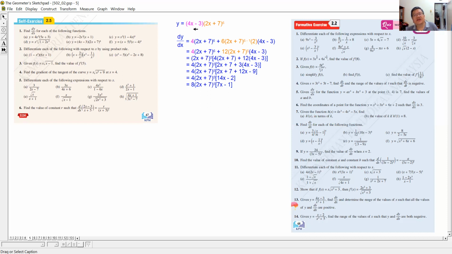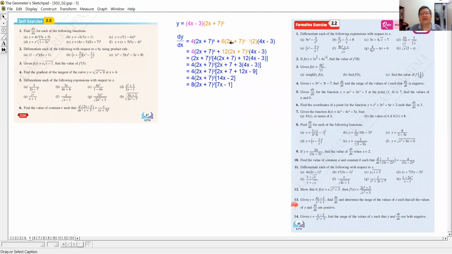Then the other function, 4x minus 3, I just copy down, no need to differentiate. So the first term, 4 multiplied by 2x plus 7 raised to the power 6, I just copy down here, no change.